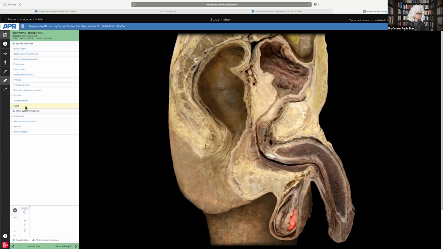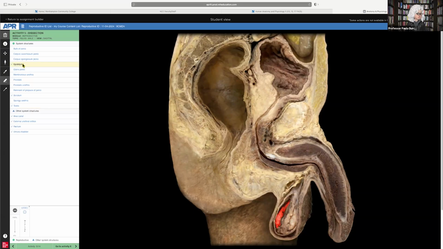Testes for plural. These are the male gonads. This is where sperm production occurs within tiny tubules called seminiferous tubules. Again, be sure to watch the videos because the videos go over the seminiferous tubules. Once the sperm are produced in the seminiferous tubules, they will be stored in the epididymis.